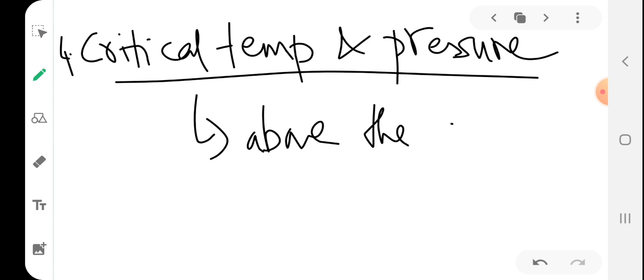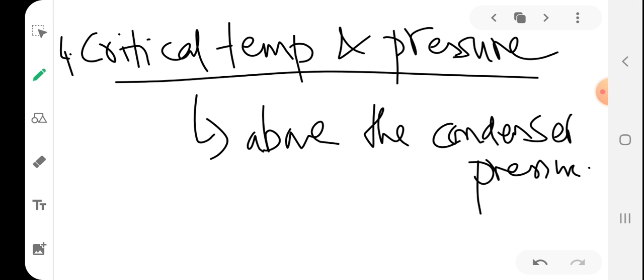So it should be above the condensation pressure, condenser pressure. Okay, it should be above the condenser pressure. Once the refrigerant is compressed, the temperature of the cooling water, the fluid flowing through the condenser which extracts the heat, should be low enough, below the critical temperature of the refrigerant, to be able to condense these vapors to liquid form.